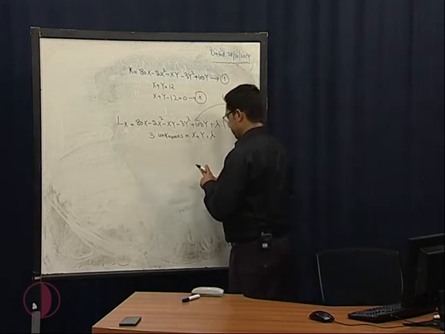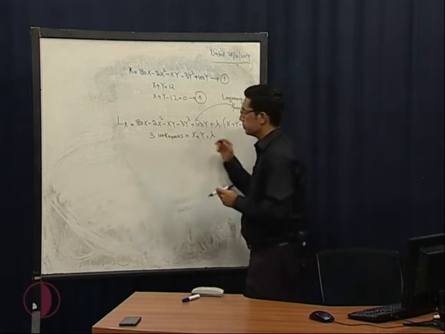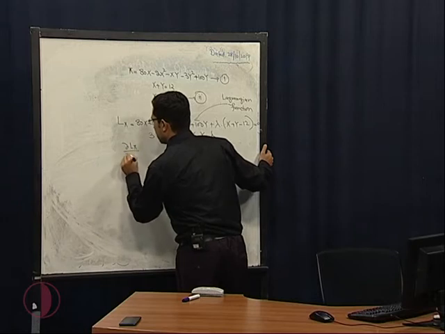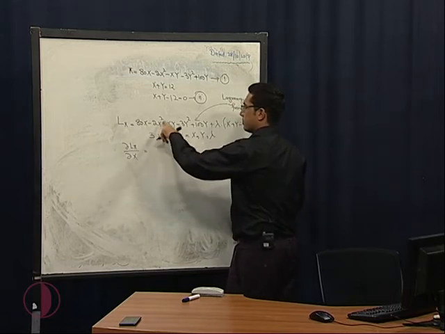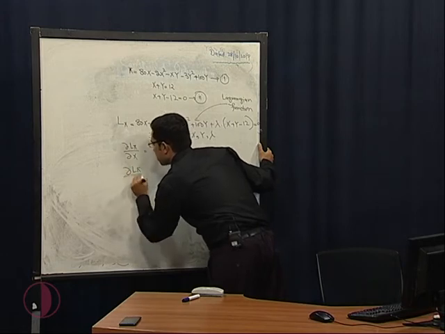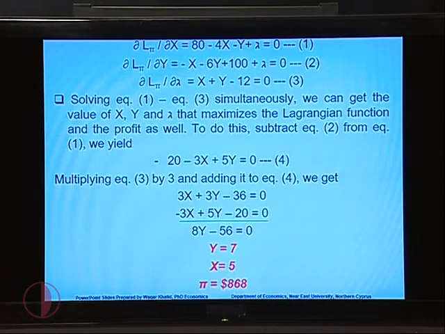For example, taking the partial derivative of L pi with respect to x, then with respect to y, and finally with respect to lambda, and we will set each equation equal to 0 to find the value of x, y and lambda.